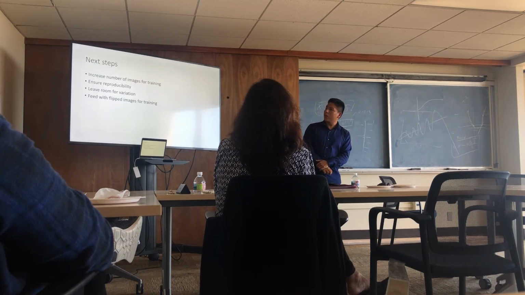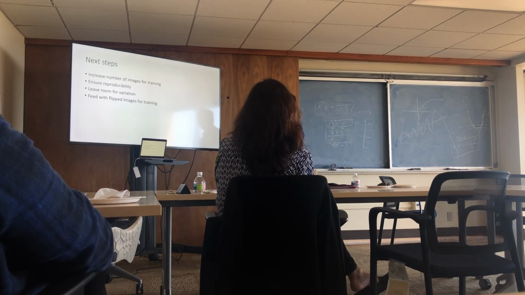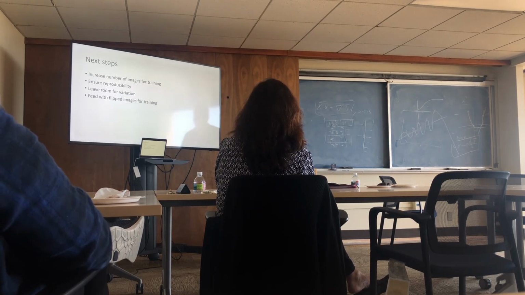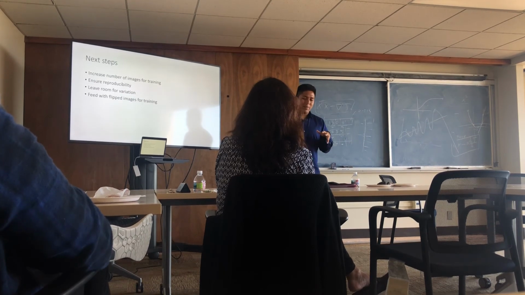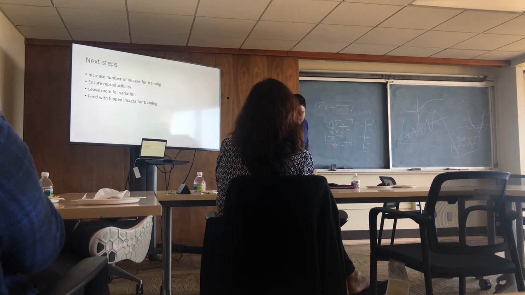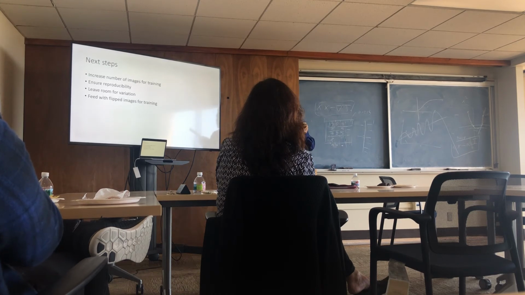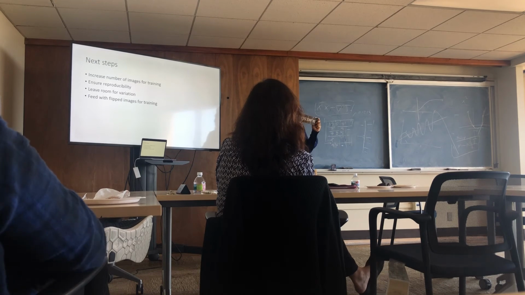So for next steps, I also wanted to work with flipped images. If I show you the Coca-Cola, or the Blake sleeve here, and I flip it, you'd still be able to recognize that this is Blake.